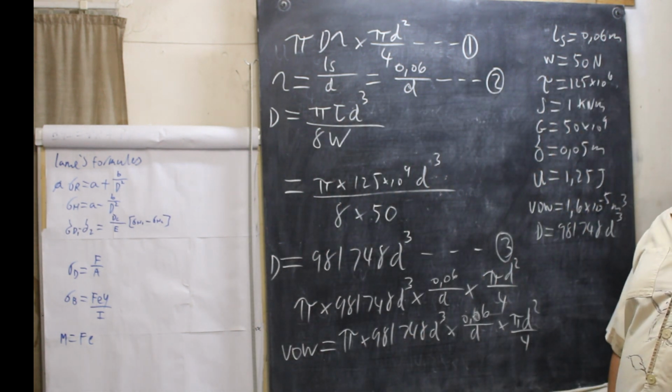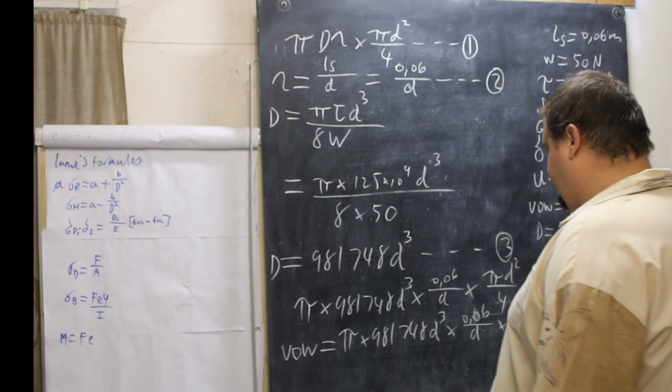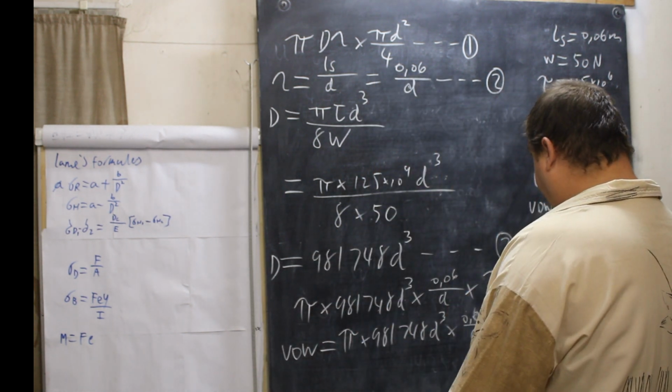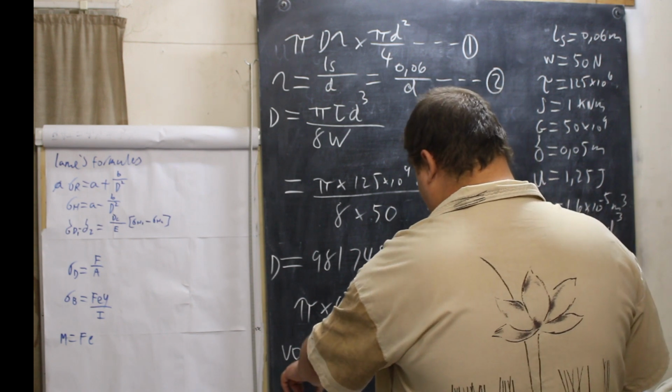Now we are looking for little d, which we can find now. So let's keep all the d's together. So we've got pi and pi. That goes under.